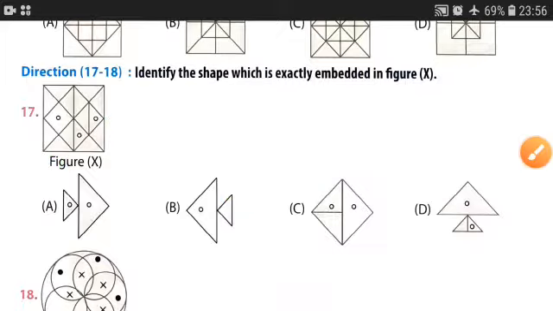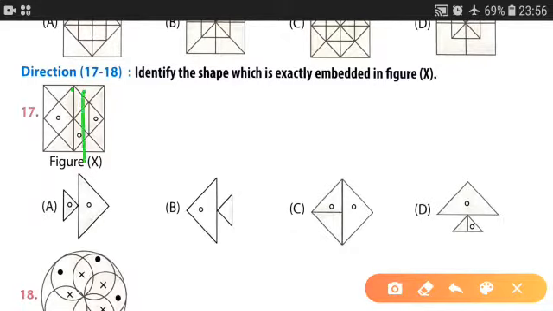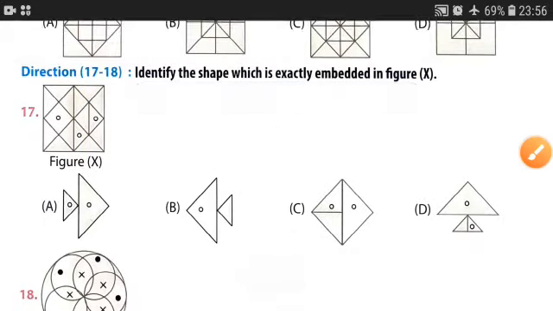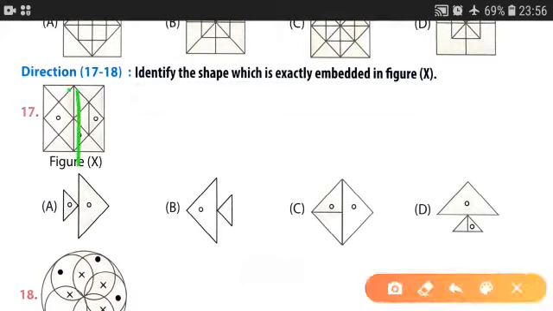Okay, let's check. If you can see here this kind of figure. Okay, let me draw. Yes, and then this and this circle.